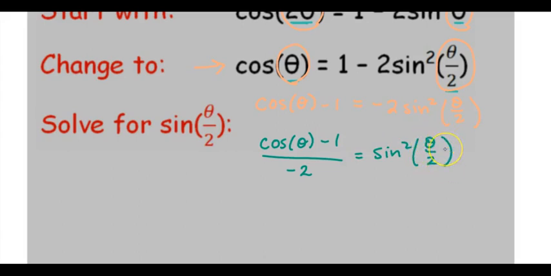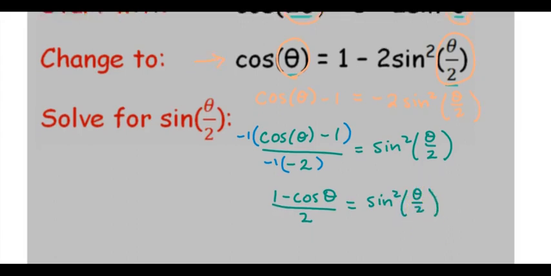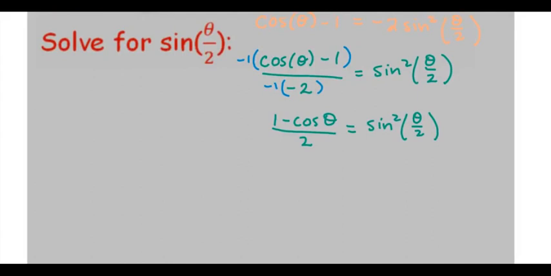By the way, we can simplify our fraction on the left side of the equation if we multiply the top and bottom by negative 1. And that's going to give us 1 minus cosine of theta over positive 2. So that looks a little bit better. Okay, the next step is to square root both sides.